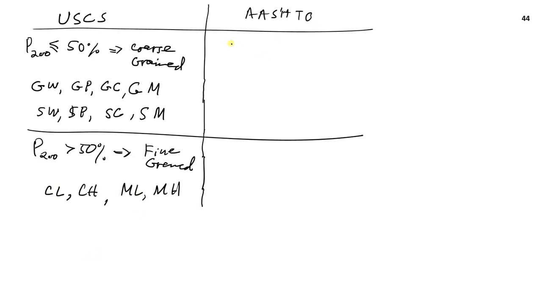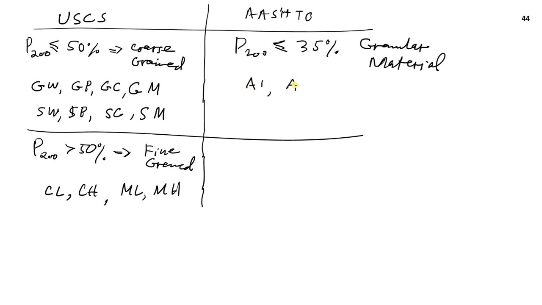Now what happens in the case of AASHTO? Passing number 200 is not 50%, but 35%. This is the first difference. Instead of calling it coarse grained material, they call it granular material, but it has the same meaning. The first 3 groups, A1, A2 and A3, are granular materials.